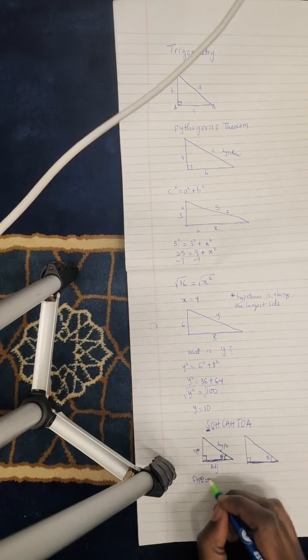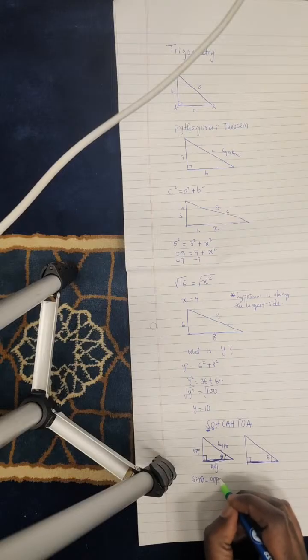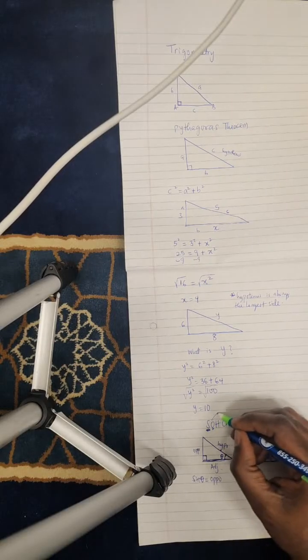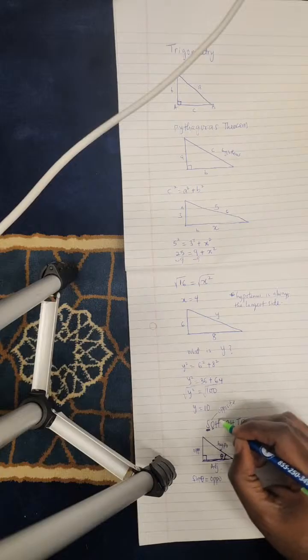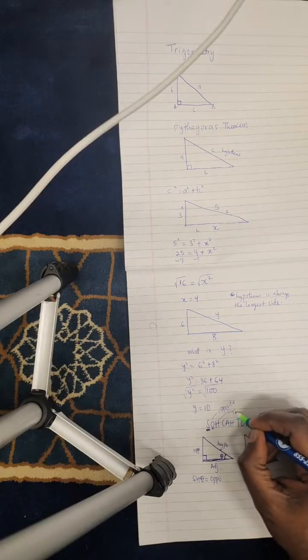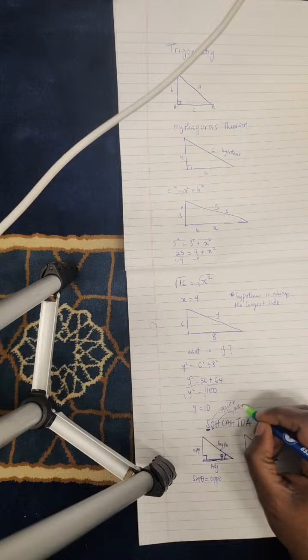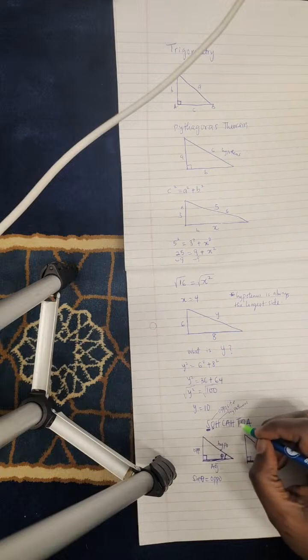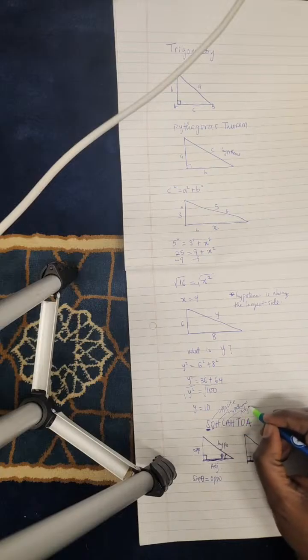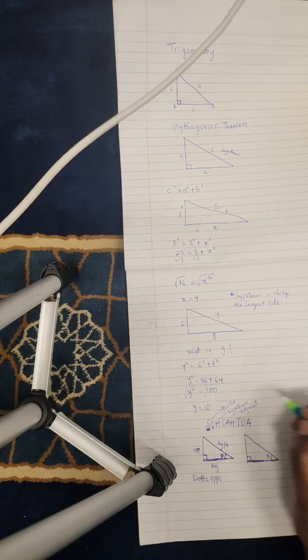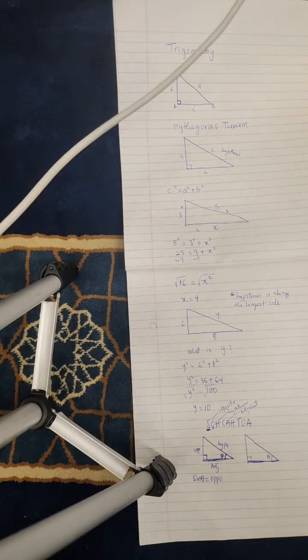O means opposite. H means hypotenuse. And A means adjacent. These are the corresponding meanings of this.